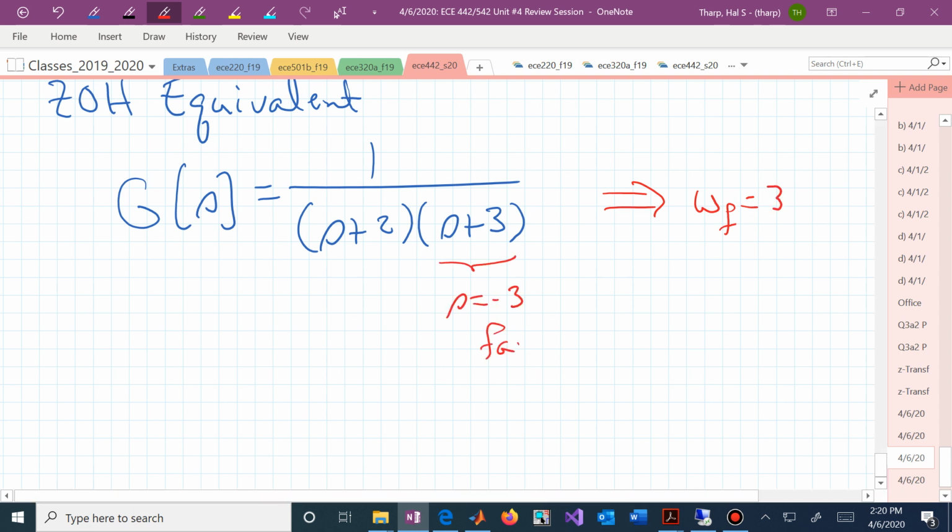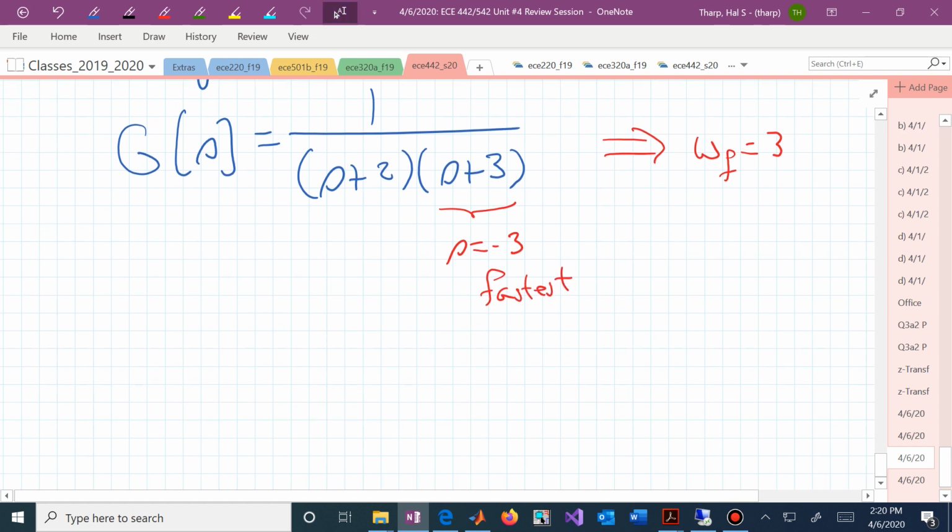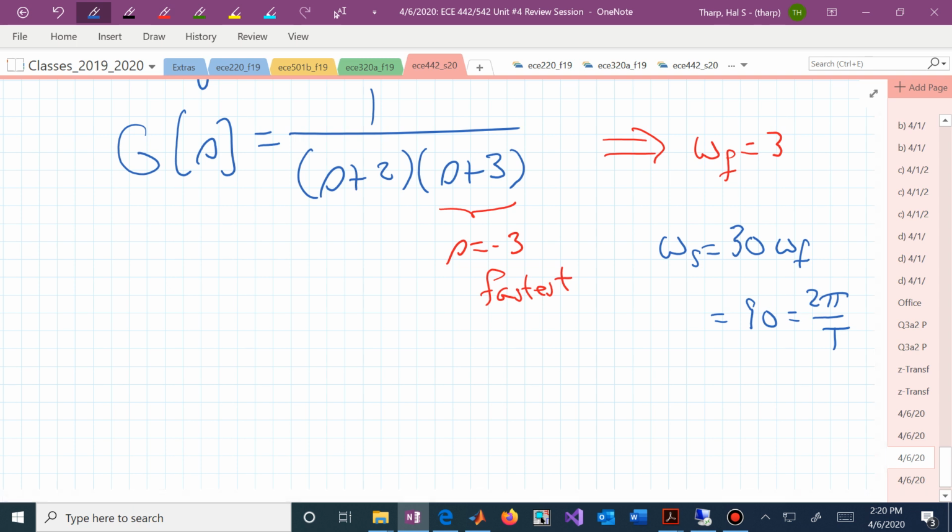That's the fastest pole. And then you would use omega sub S is 30 times omega sub F, which in this case is 90, and you set that equal to 2 pi over capital T to evaluate for your sample period, capital T.